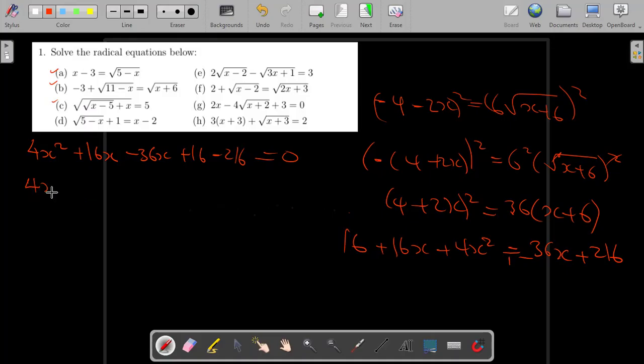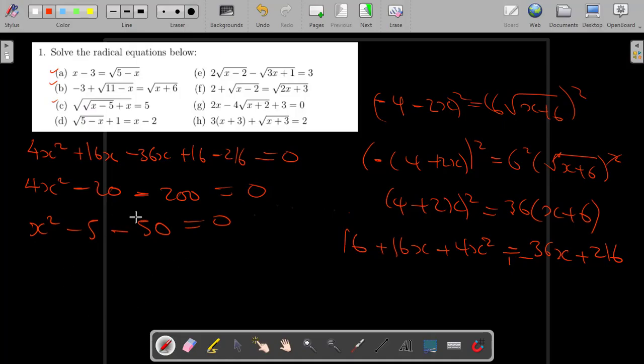Then 4x squared, and 16x minus 36x gives me negative 20x, and 16 minus 216 gives me negative 200. And this is equal to 0. Then divide by 4 throughout, such that I have x squared minus 5x, and 200 divided by 4 gives me 50. So I get negative 50 there, equal to 0.